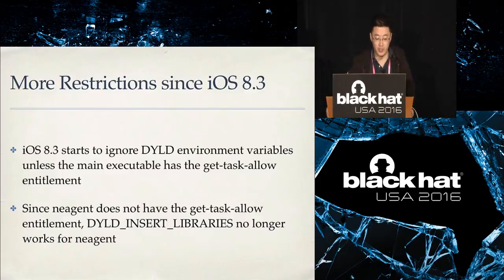So we checked AppleAgent's entitlements. Unfortunately, AppleAgent doesn't have this entitlement. So even though AppleAgent is allowed to load arbitrary libraries, we are not able to force it to load ours. So it's useless anymore.